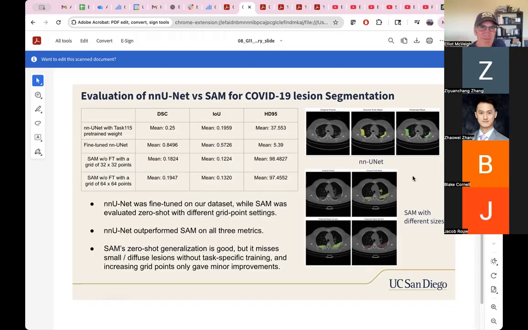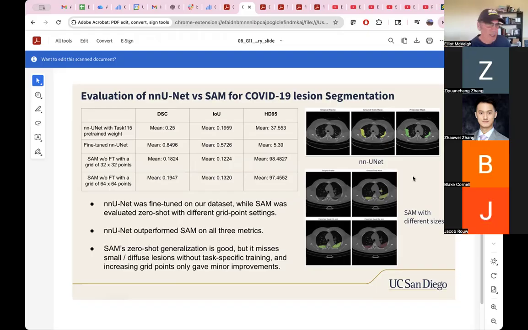But in the second line, we fine-tuned with our own dataset. We took 90% of the dataset to train and do the validation, and we just used 10% for the test. I see. Okay. So it seems to be more adaptable.